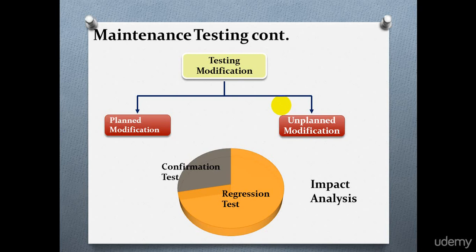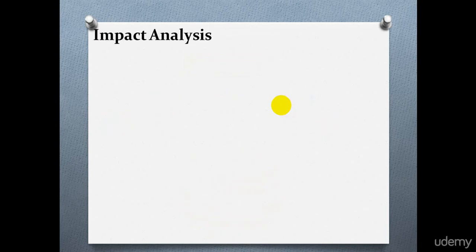An impact analysis will help in assessing the amount of updating required in the original test specifications. With this impact analysis, we can assess the amount of updating, how many requirements we need to update.